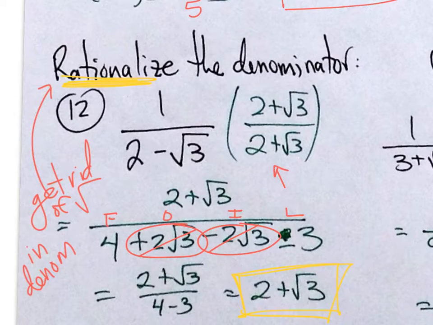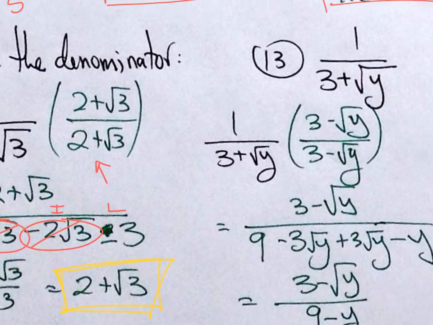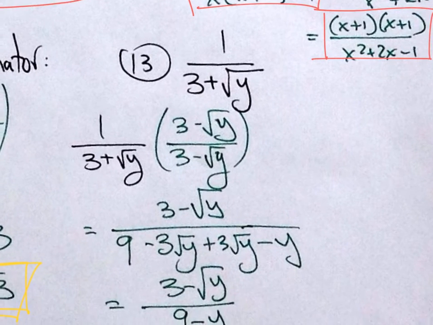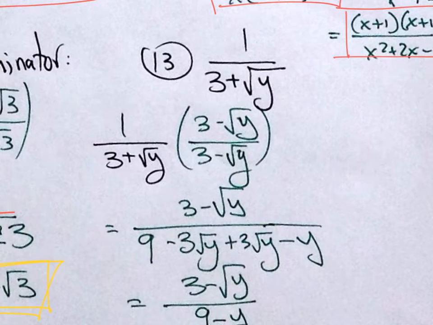Rationalizing the denominator. So let's see what happens over here. I think we have a similar situation. Alright, 1 over 3 plus root y. So notice how I am multiplying top and bottom by 3 minus root y. Same as the denominator, only the sign has been changed. And we're going to firsts, outers, inners, lasts, foil.